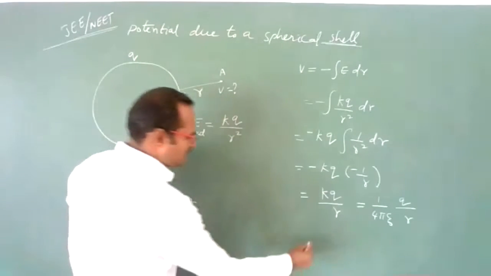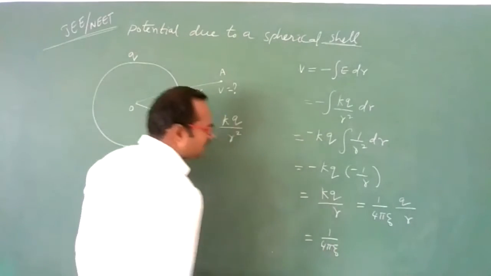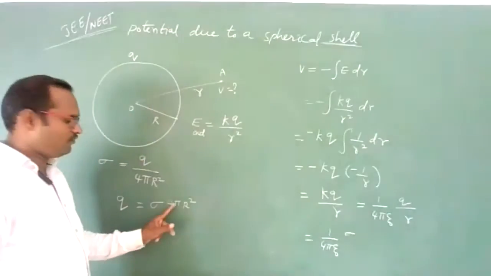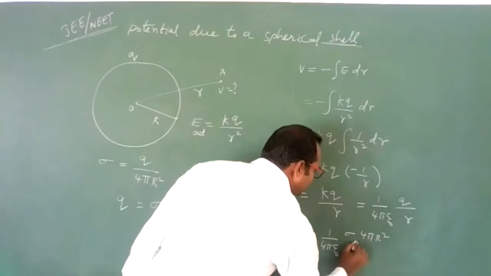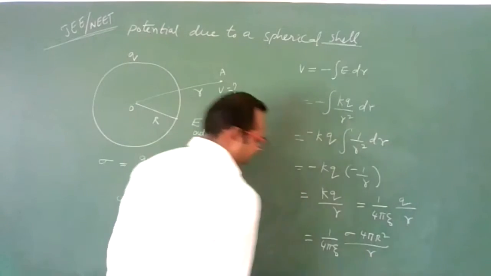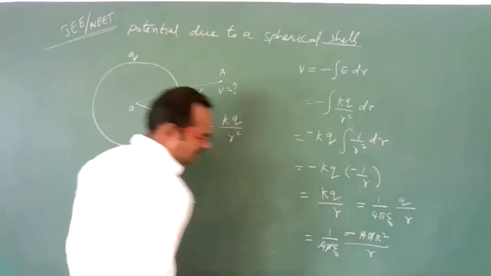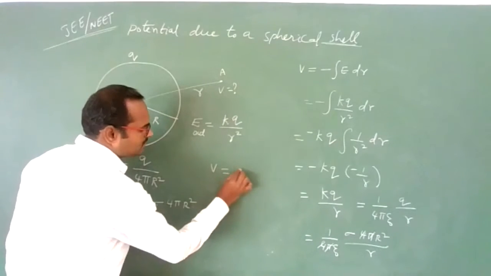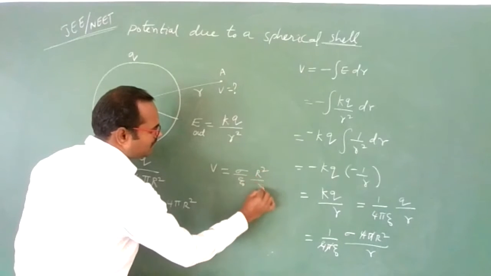Substitute here: 1 by 4 pi epsilon naught, sigma into 4 pi capital R square, divided by small r. The 4 pi cancels, and you will get potential is equal to sigma by epsilon naught into capital R square by small r.